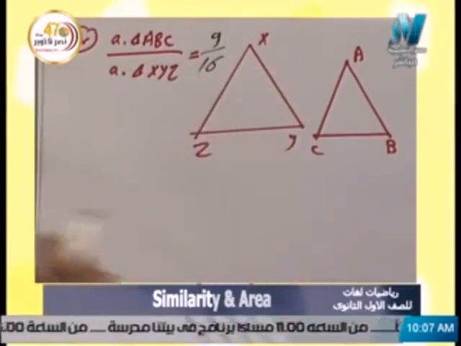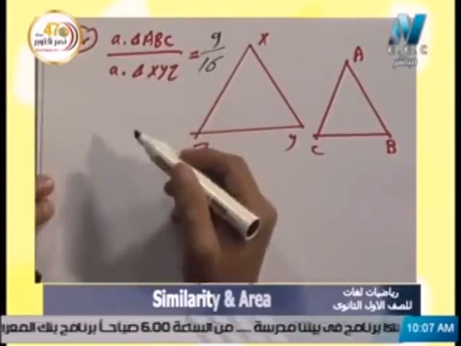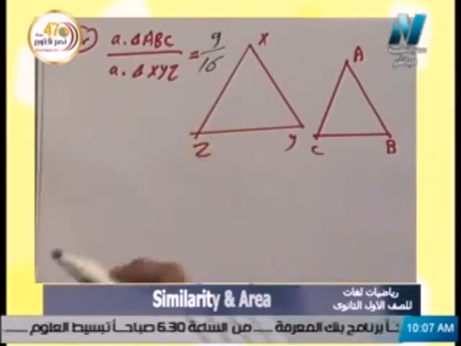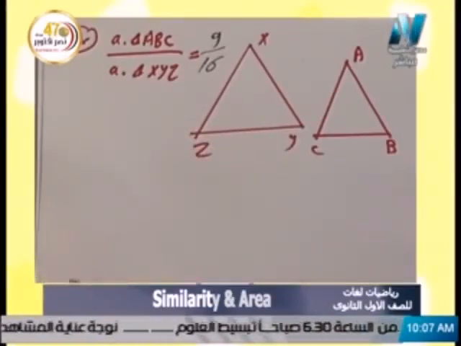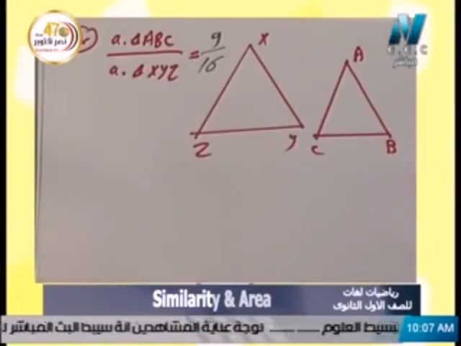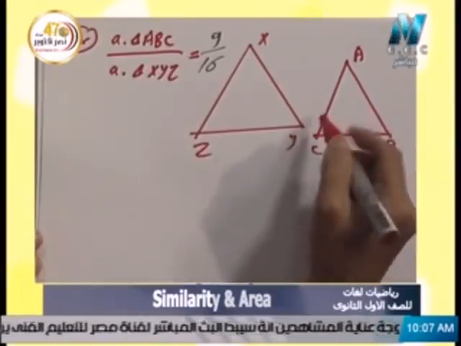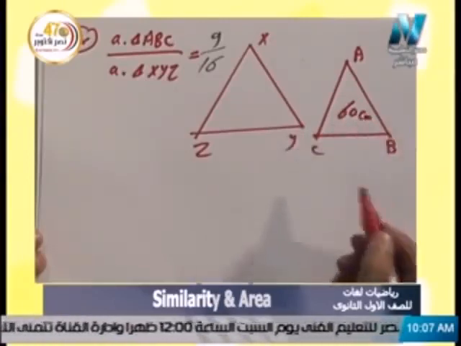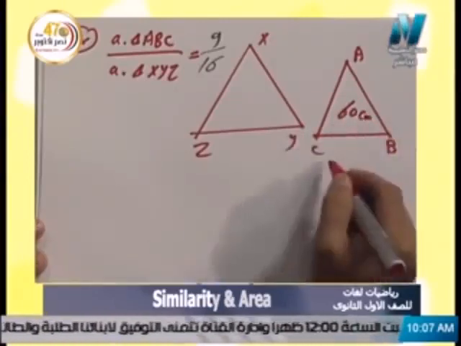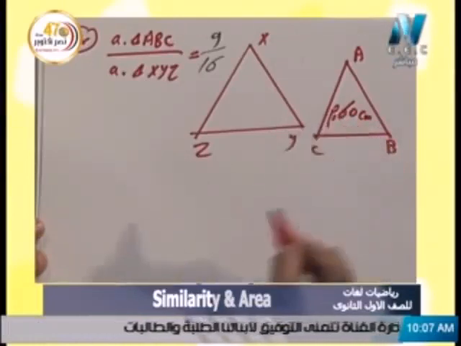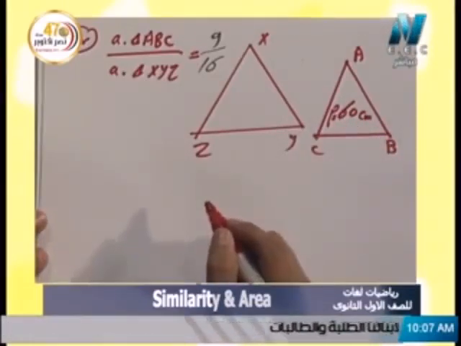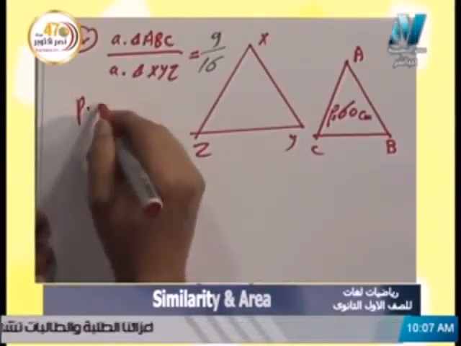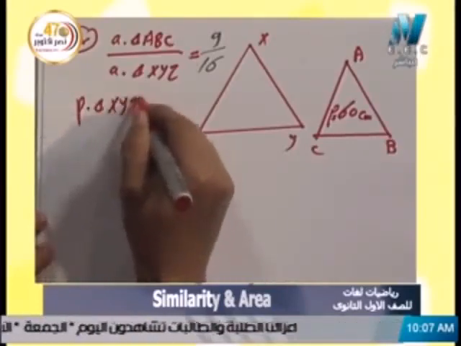So we have the ratio of the areas, and he gives that the perimeter of the smaller, which is ABC here, equals 60 centimeters. The request is to find the perimeter of triangle XYZ.